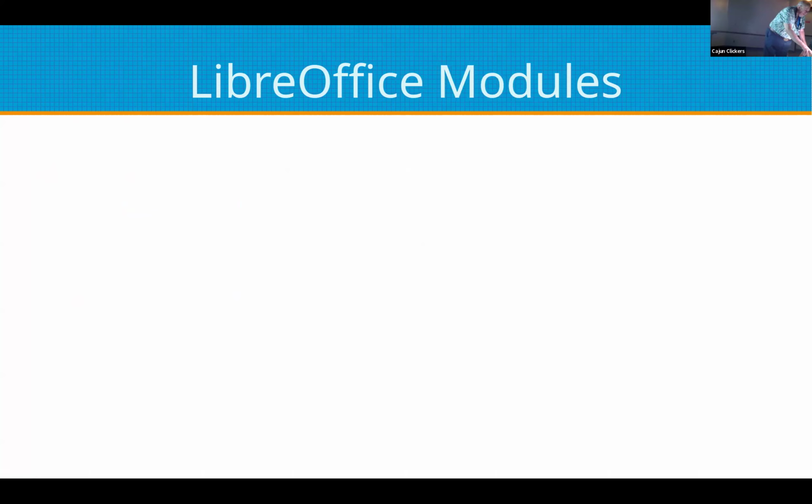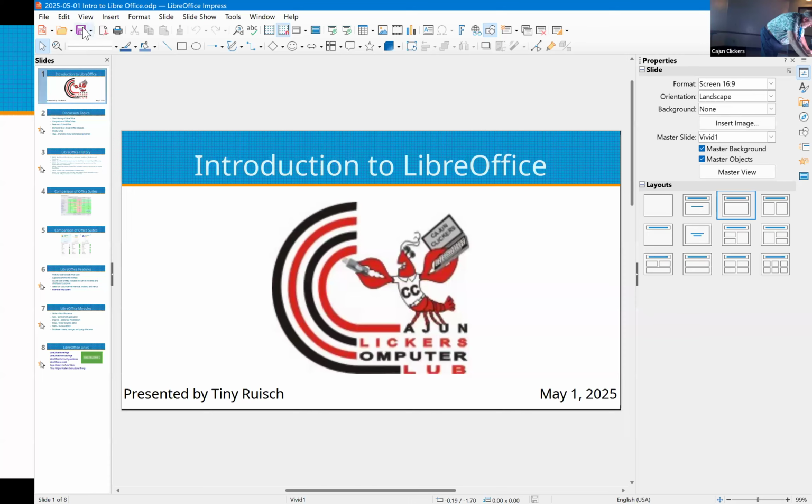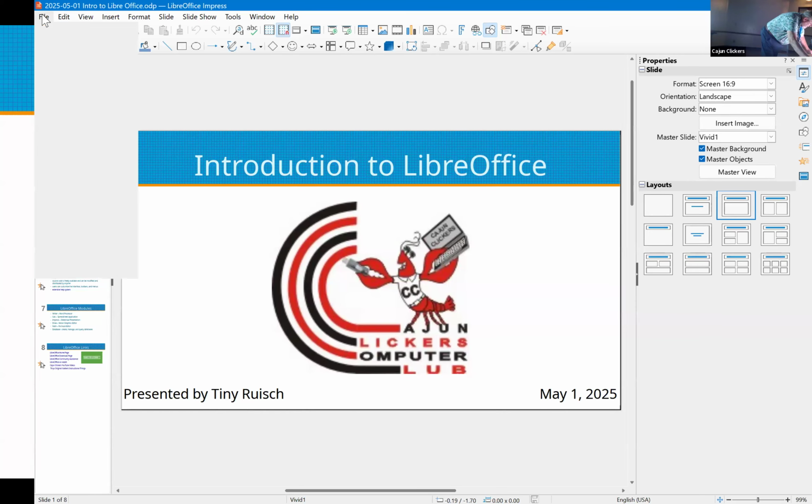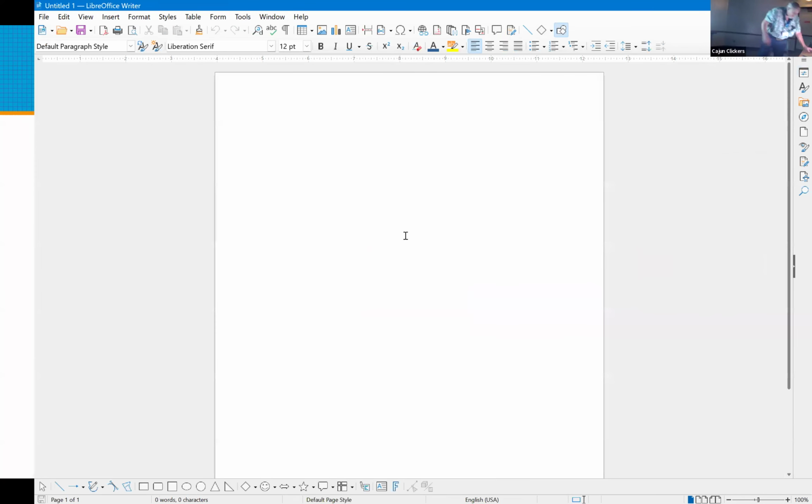Okay, now the modules, now what we're gonna talk about. First one is Writer. And that's the word processor. And let me grab a screen here. So I'll open a Writer doc. Okay, it's a new text document. Okay, and you can see, maybe you can't see that.